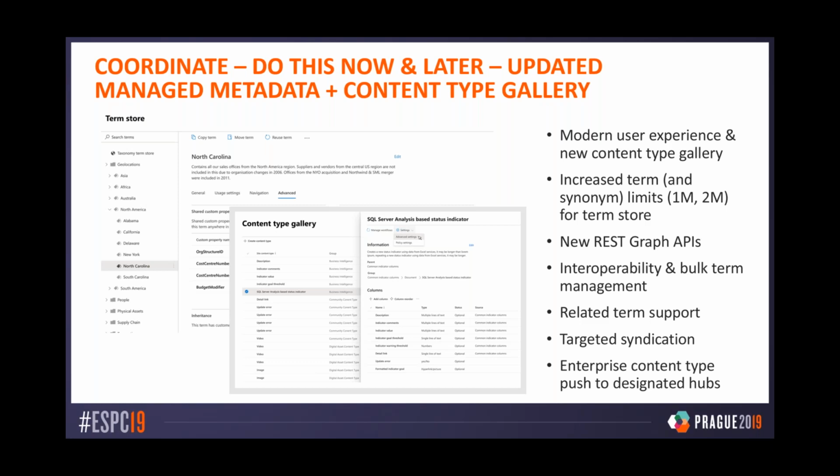But as part of the Project Cortex announcement, Microsoft said that they will also be updating the term store and the content type gallery. So if you haven't invested in your structured metadata in a while, it's totally worth it to do that now. They've been very clear that anything you do today will work perfectly in the new solution as well.